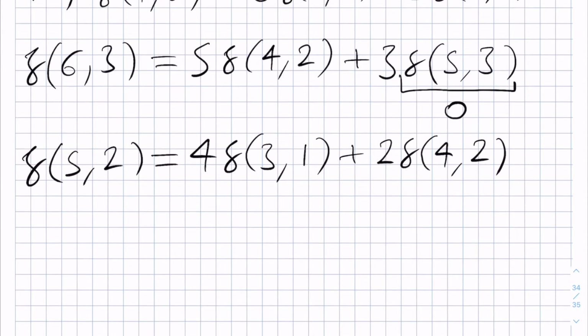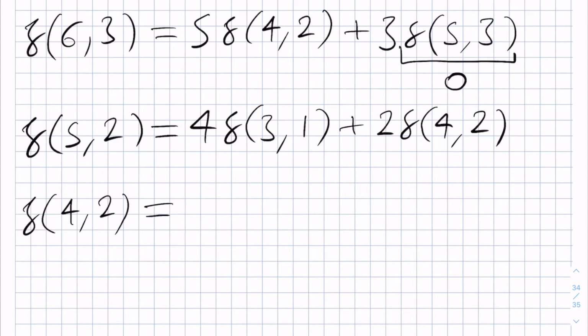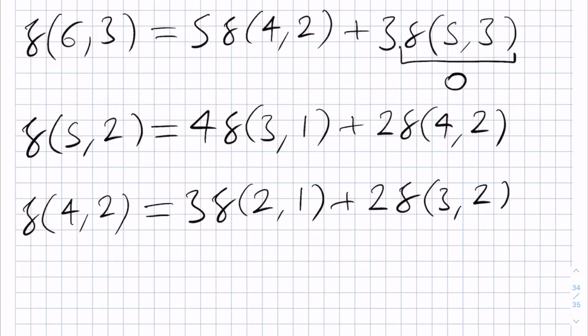Next, let's try and find f(4, 2), because we need it for both here and here. And so n is 3, and we have f(2, 1), and k is 2, so we have 2 f(3, 2), but again, this thing here is also 0.